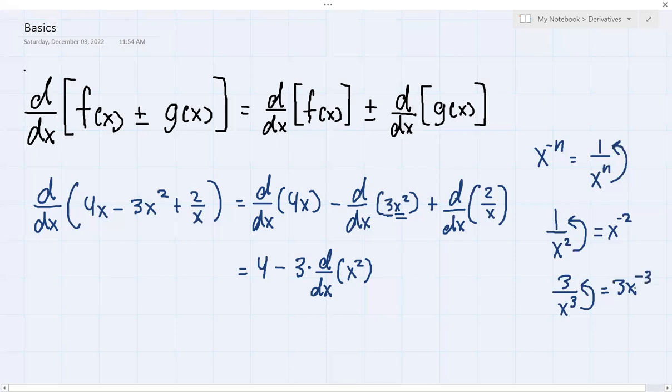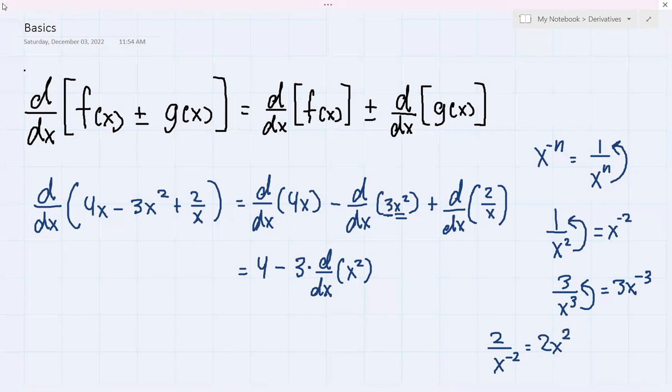So magiging negative 3. Eh what if meron akong 2x raised to negative 2? Tapos gusto ko siyang itaas. Pwede rin. Okay? So magiging 2x, tapos yung exponent niya mababago. So magiging positive 2.